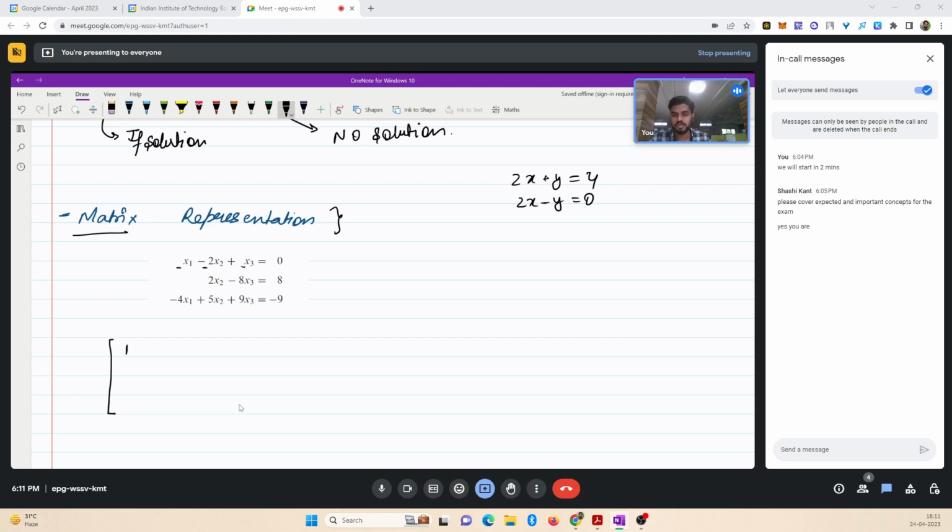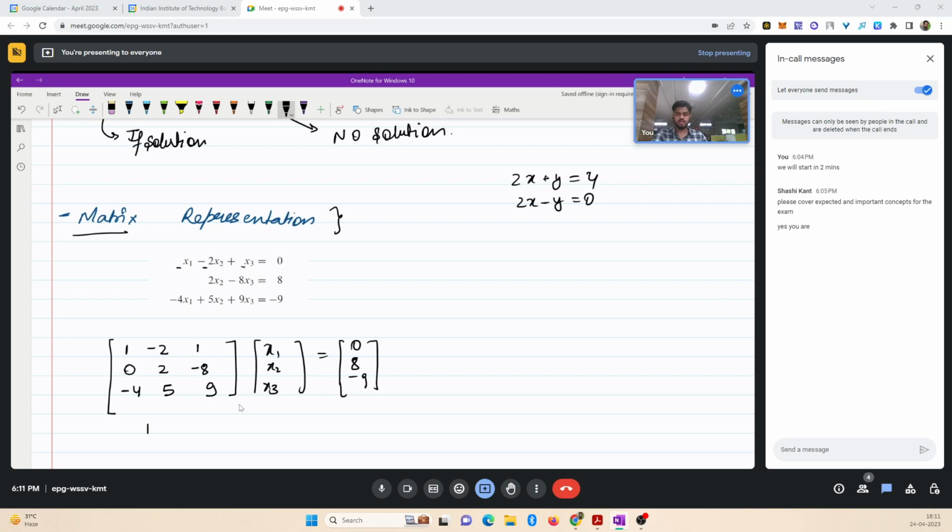So you can write 1, minus 2, and 1. Here you can write 0, 2, minus 8, minus 4, 5, 9, multiplied by x1, x2, x3. This is equal to 0, 8, minus 9. Okay.